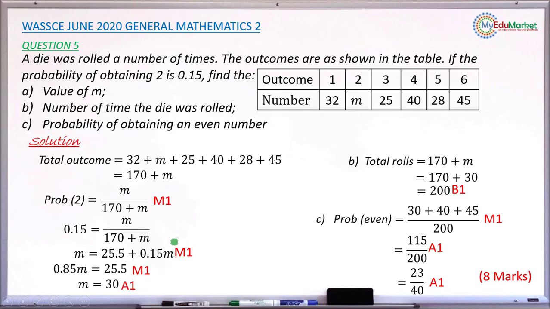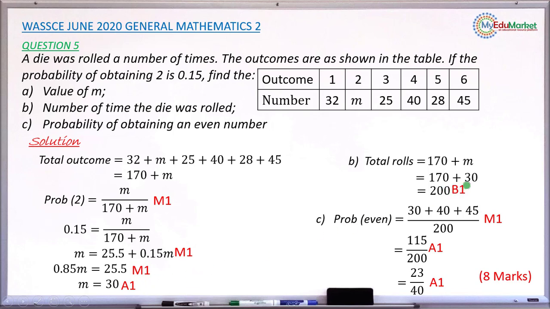The next mark is another method 1 mark, attempting to solve that equation for m. When you cross multiply, you have this method 1 mark. Still, if you simplify further in an attempt to get that m, that is to solve the equation, up to the level where you have 0.85m equals 25.5, you have this method 1 mark. And when you have your m as 30 exactly, you have this accuracy 1 mark.